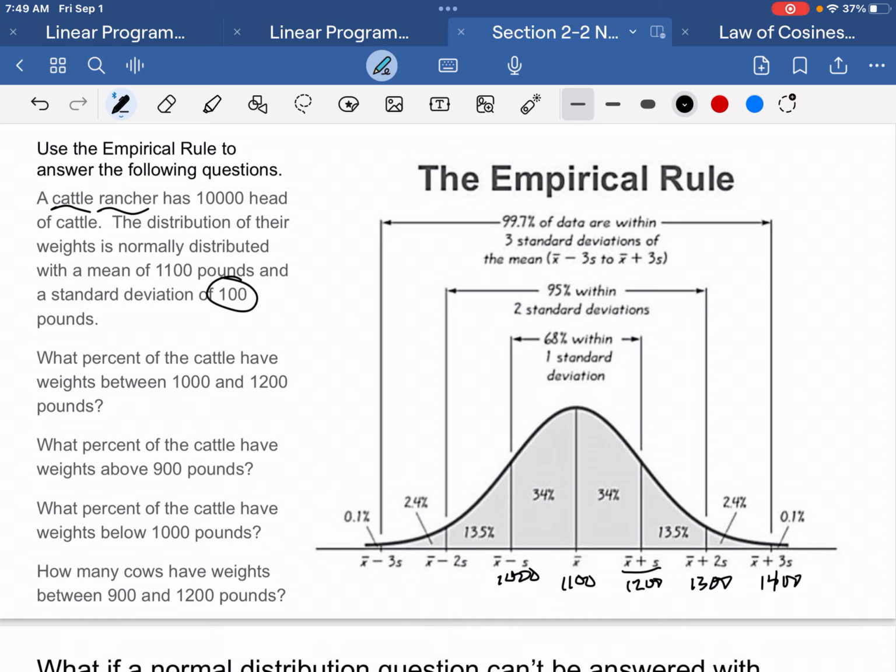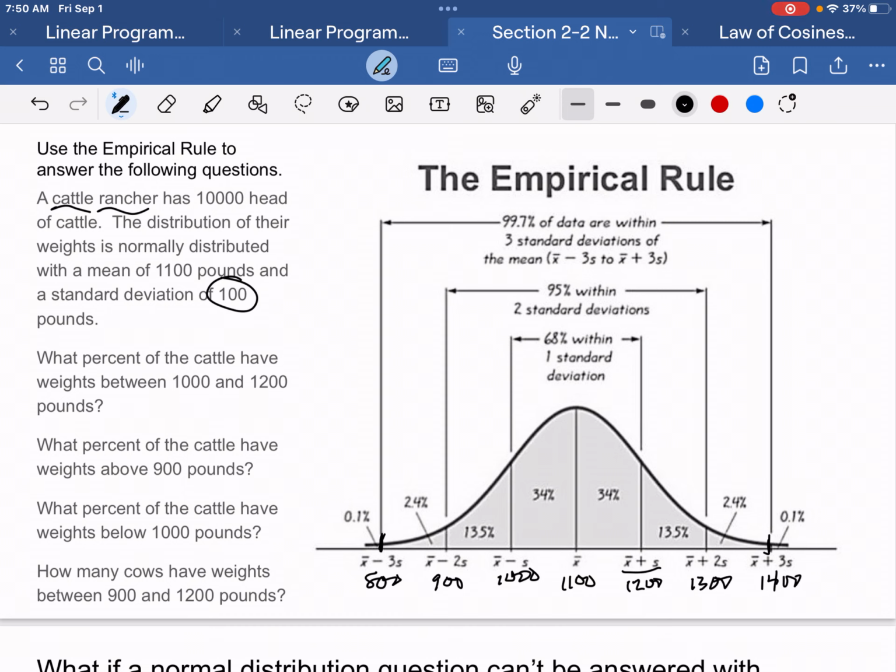That's one standard deviation below the mean. And then this would be 900, and this would be 800. So the vast majority, almost all of his cattle weigh between 800 and 1,400 pounds.